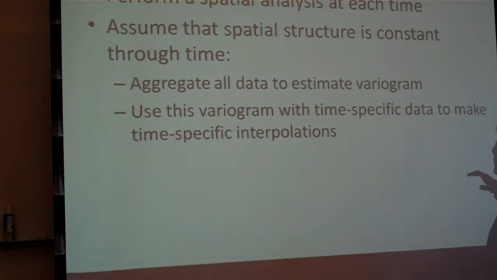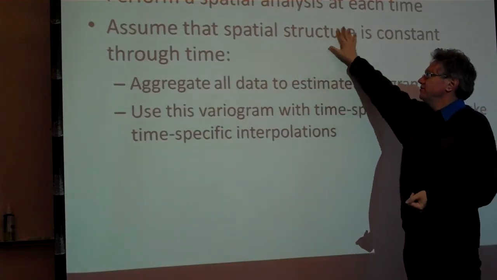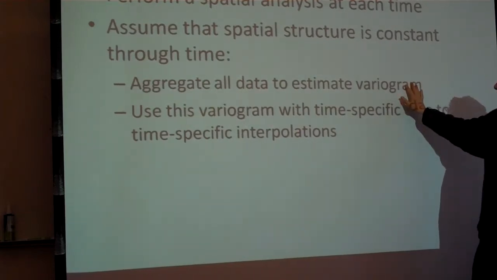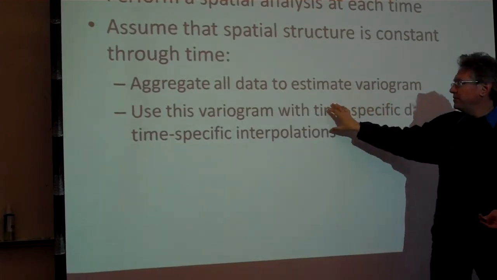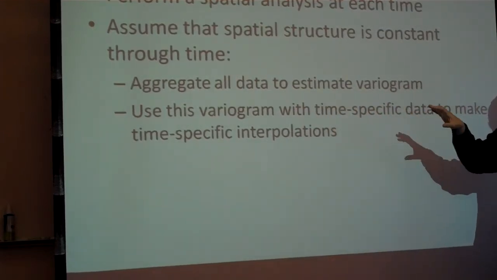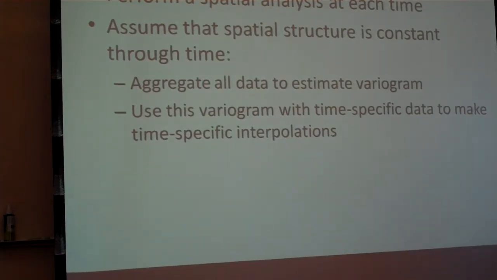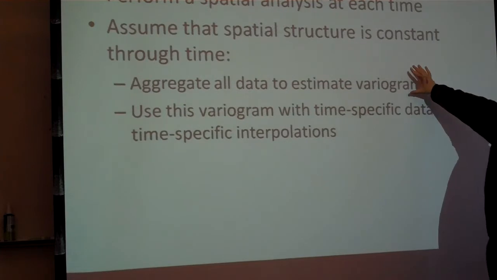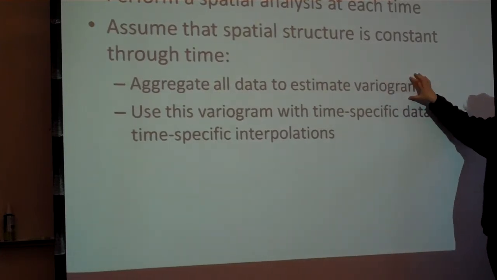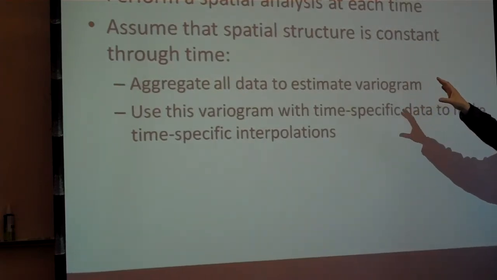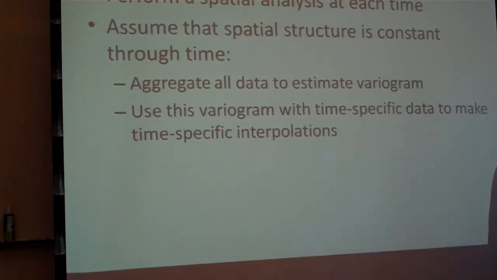So we fit a single spatial variogram for the entire data set, and then apply this variogram to the time-specific data to make time-specific interpolations. By doing this, we're going to have more confidence in the shape and value of this variogram than if we were doing it for each time step independently.